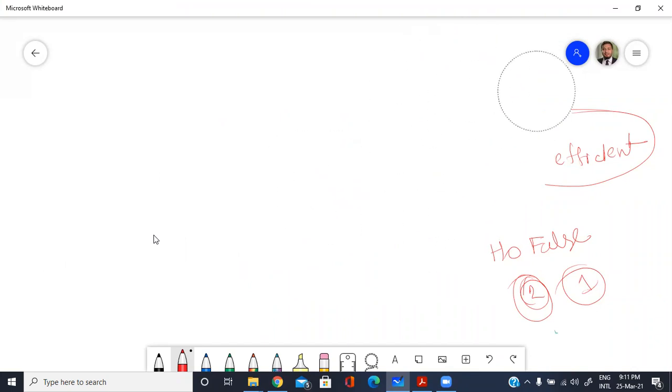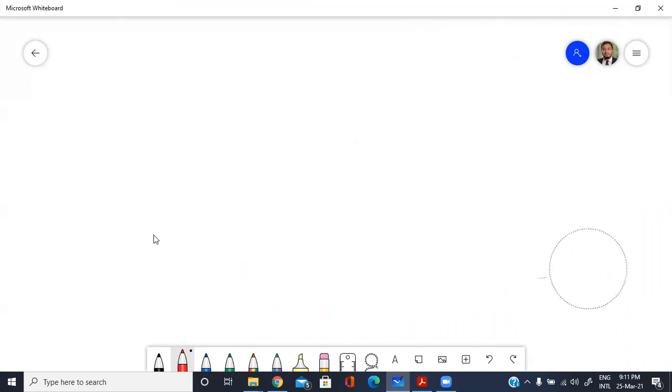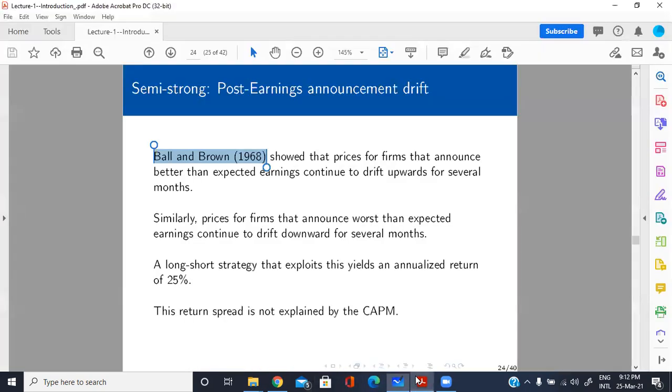This is the first null hypothesis. The second null hypothesis is that the market is not efficient. So we have found evidence about the post-earnings announcement drift.